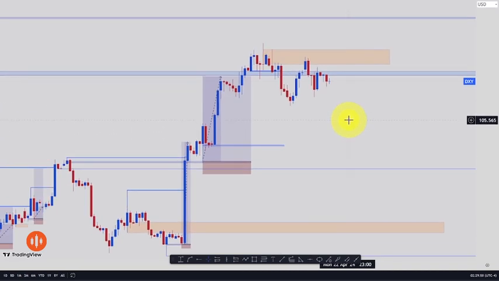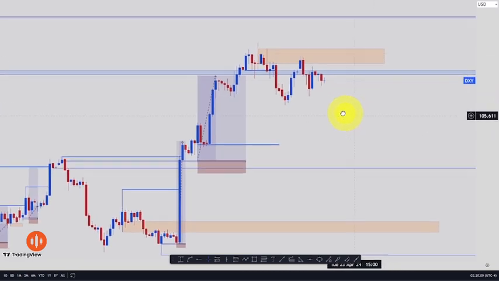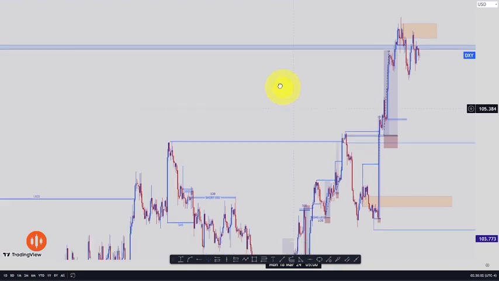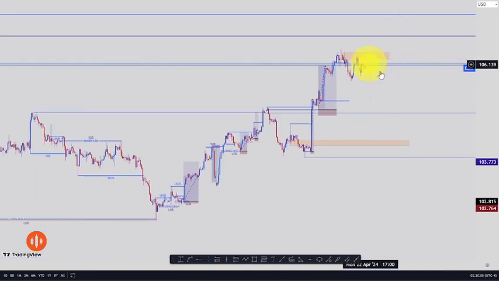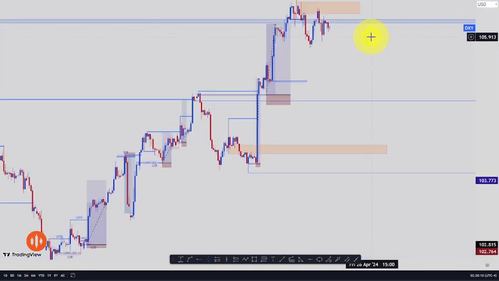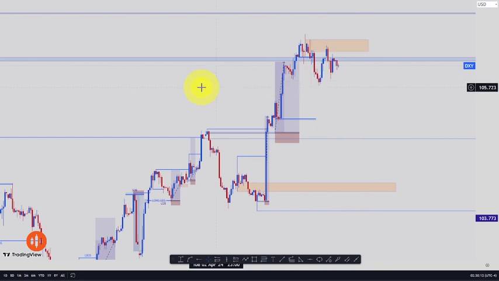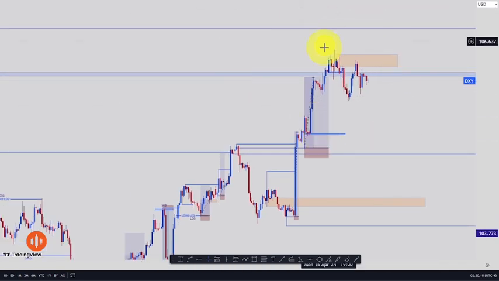By my thought, I think we have to ignore the short trade because this DXY seems like it's bullish. So it can trick you. This short trade, it's a trick.